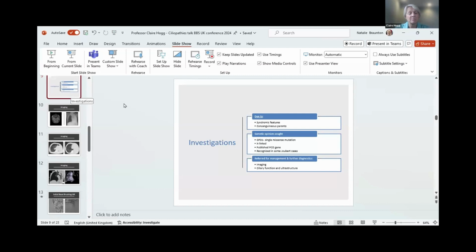And it's also a published PCD gene. So we see OFD1 without syndromic features as well, but it confers a respiratory ciliopathy. After discovering this and recognizing that this might be a ciliopathy, they referred this young lad to us aged 8 to undergo further diagnostic testing and some imaging.